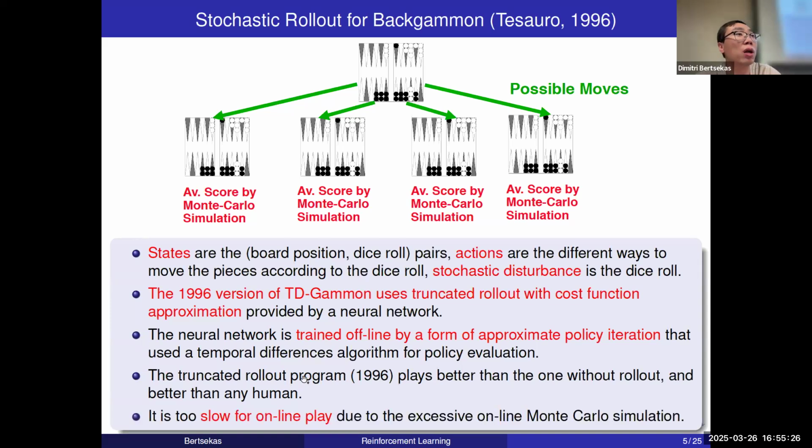Unfortunately, this rollout portion is just too slow because you need to run a lot of simulation, and for each simulation, remember, the base policy is defined by using one-step lookahead. So even to run the base policy, you need to run lookahead. So it's an excessive online Monte Carlo simulation. And bear in mind, this is the mid 1990s, so today's computers are not available yet.